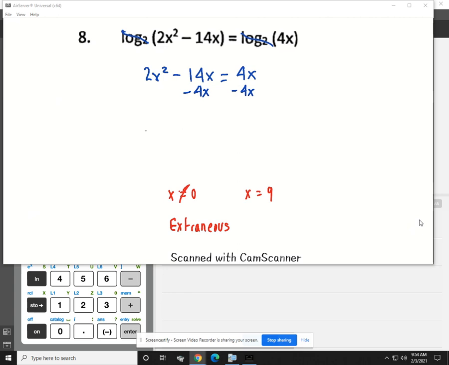Yeah, remember on 3 and 5, when I brought those values over, I couldn't subtract them from anything because they were constants. But this time I can subtract the 4x from the negative 14x because they're like terms, right? So here's what I'm left with. 2x squared minus 18x equals 0.